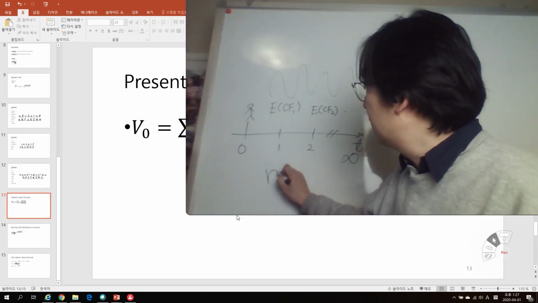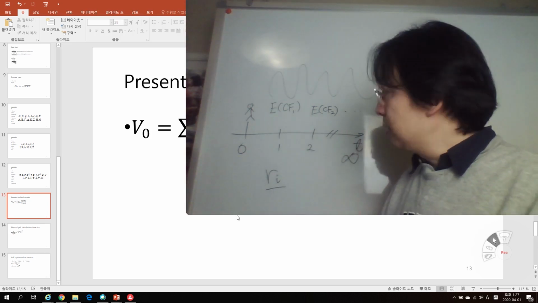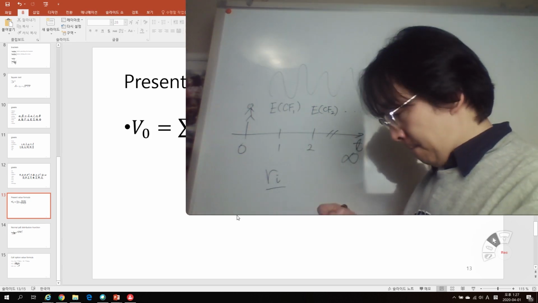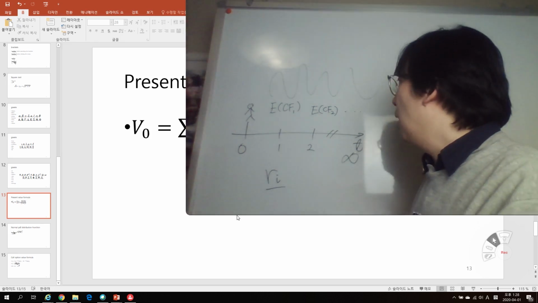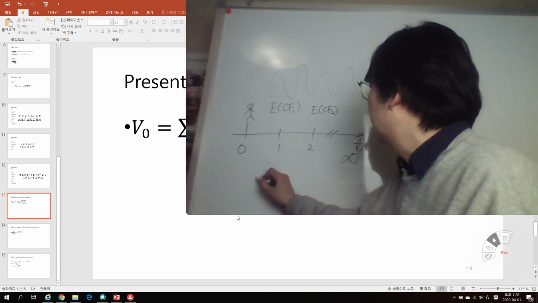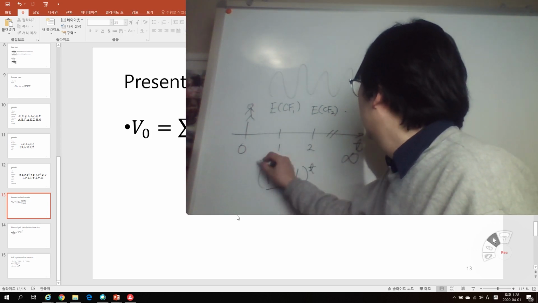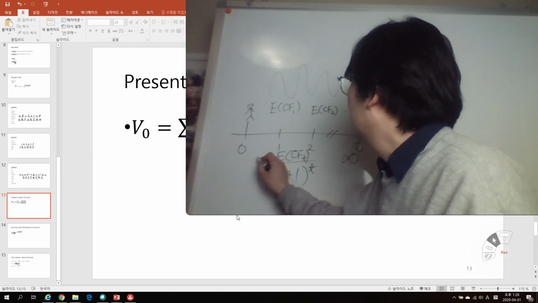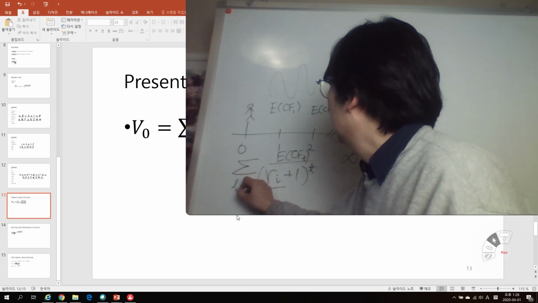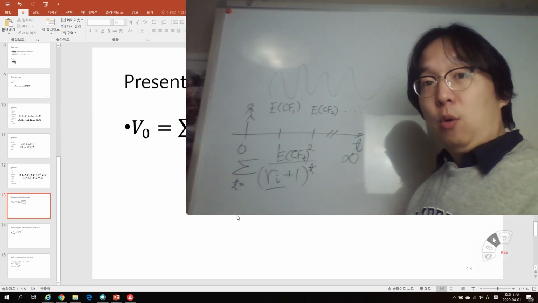That cash flow discount rate will be R sub i. Make sense? So, in the end, you're going to sum all these discounted future cash flows. Plus 1, and then expected future cash flow at each time t is equal to 0 or 1.